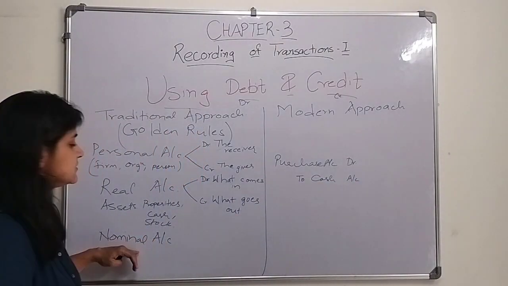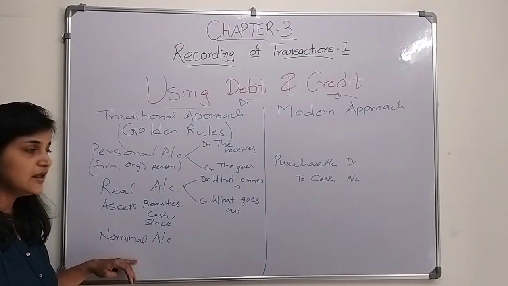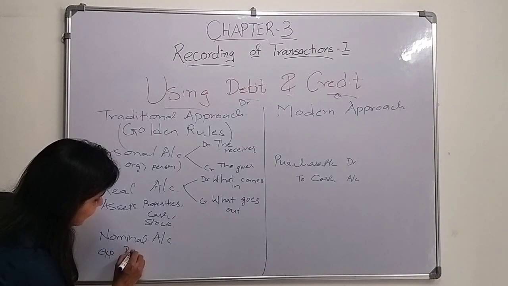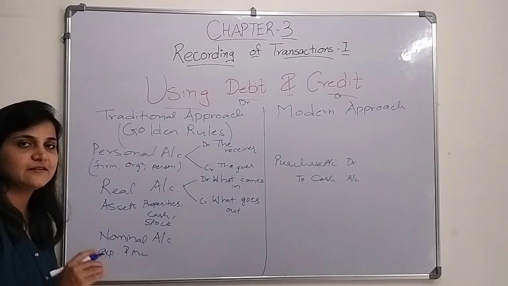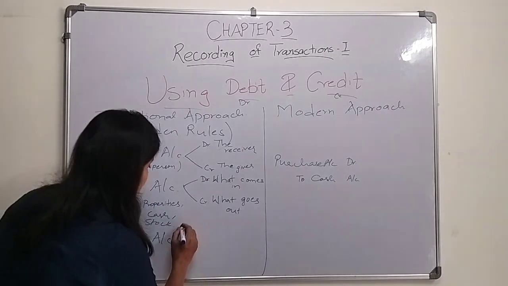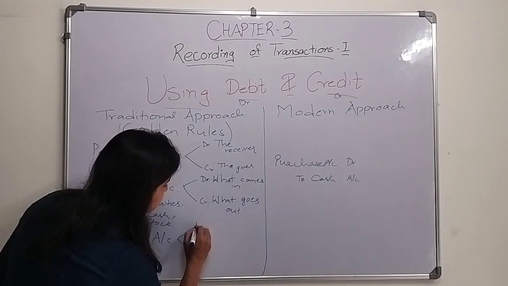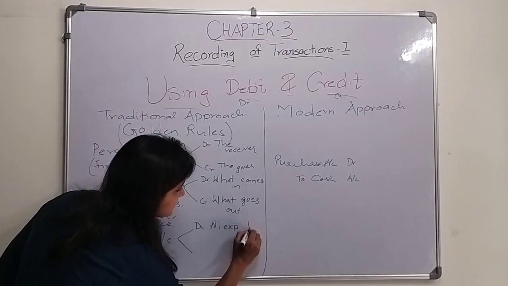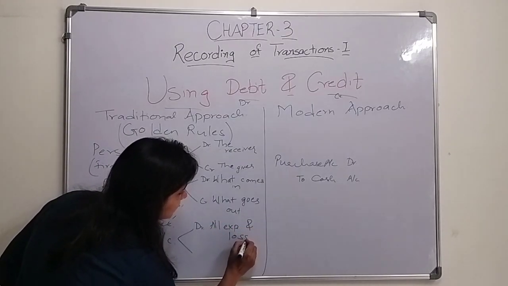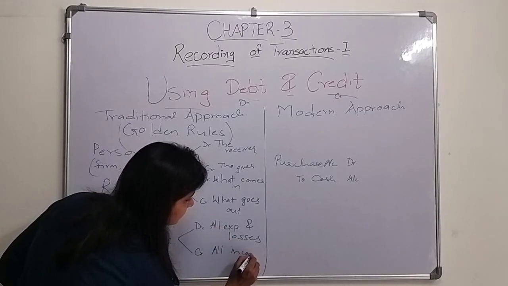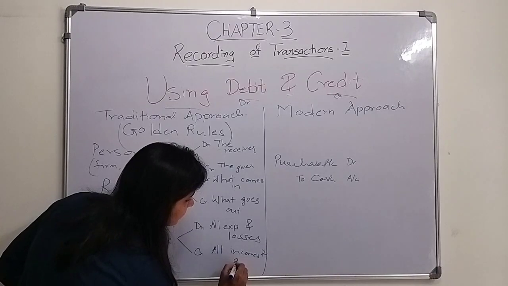Then there is a third rule, the nominal account, which relates to expenses and income. All the expenses and income are dealt with in the nominal account. So what are the rules? Debit all expenses and losses and credit all income and gains.